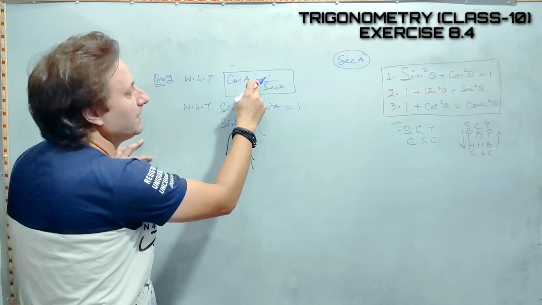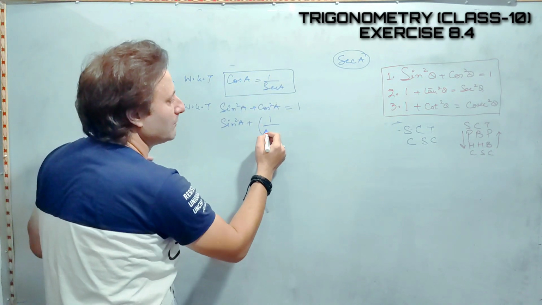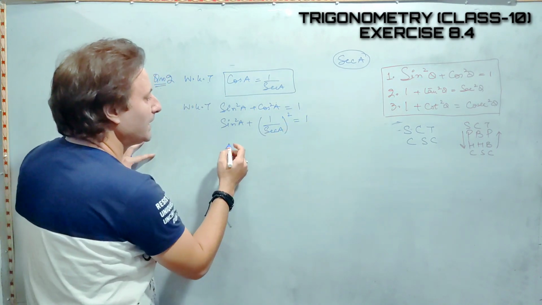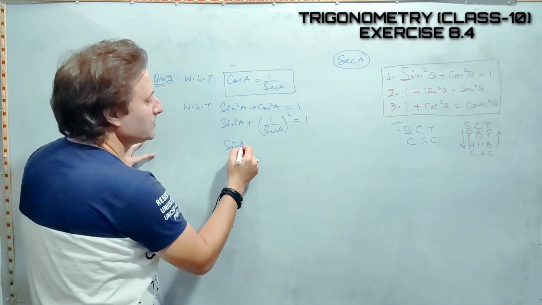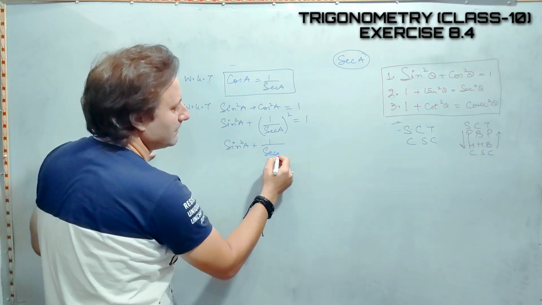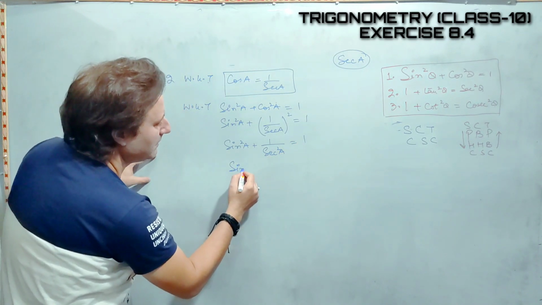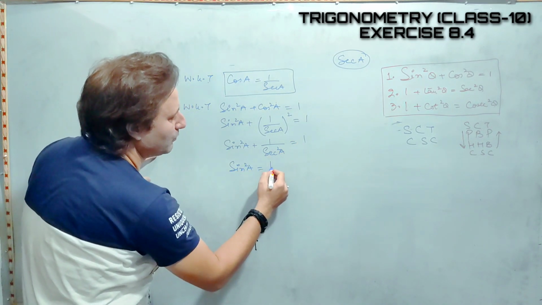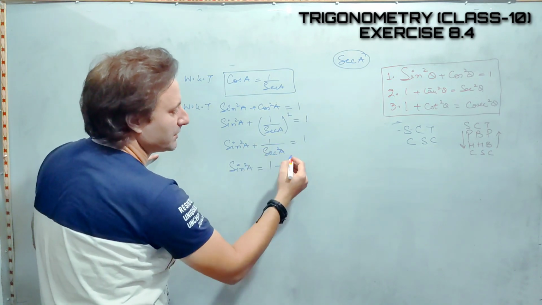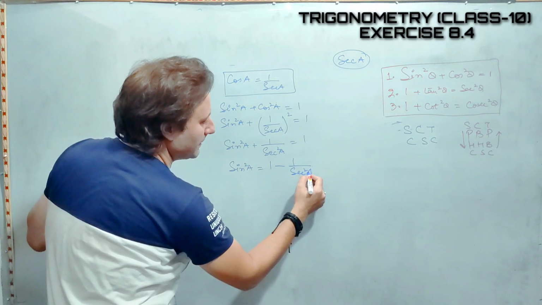Cos square A, in terms of cos A, I have 1 upon sec A, so I'll write sec A whole square. Now sine square A plus 1 upon sec square A is equal to 1. Then sine square A is equal to 1 minus 1 upon sec square A; the positive 1 upon sec square A goes to that side, it becomes negative.